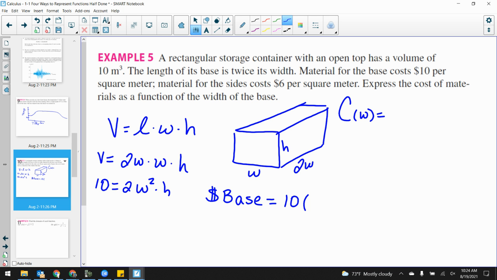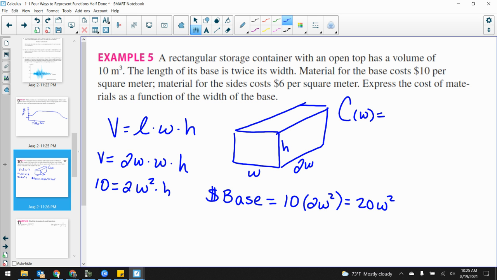Looking at the base, I've got my dimensions as W times 2W, so 2W squared. And notice that it says at the very beginning, a rectangular storage container with an open top. That's why I'm not doubling it, because I only want the bottom. I don't need the top. So it's just W times 2W, so 2W squared. All in total, 20W squared, just for the base. That's the cost of the material of the base.